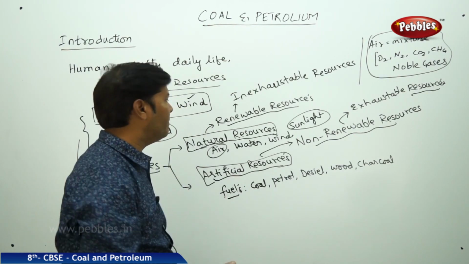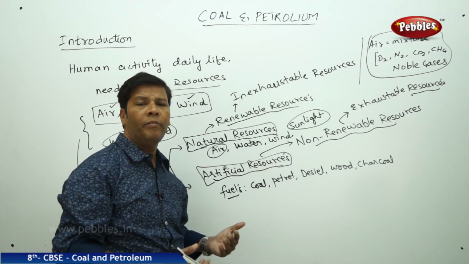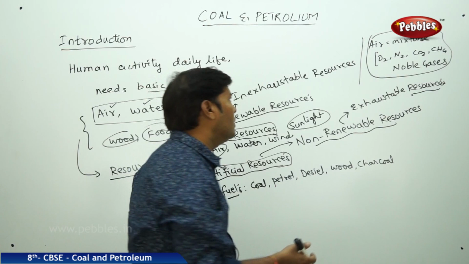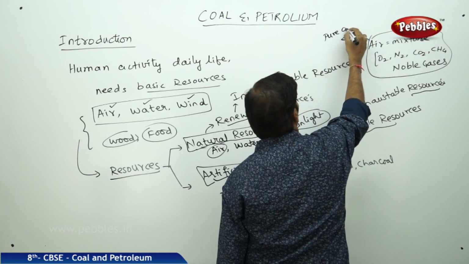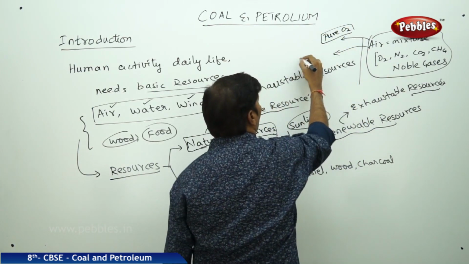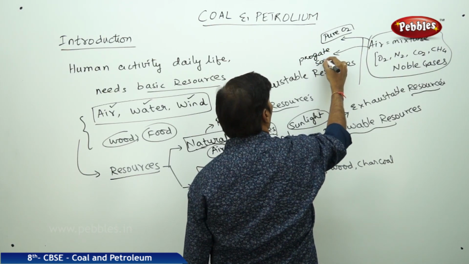In today's generation, with the technological advancement of mankind, we are utilizing air as a mixture in various forms. Air is used to manufacture pure oxygen. The same air is used to propagate sound.